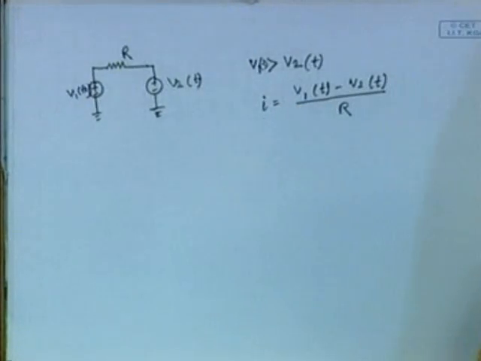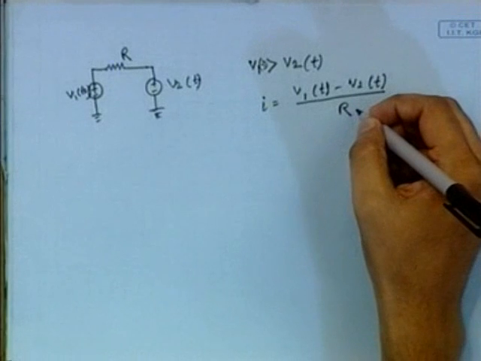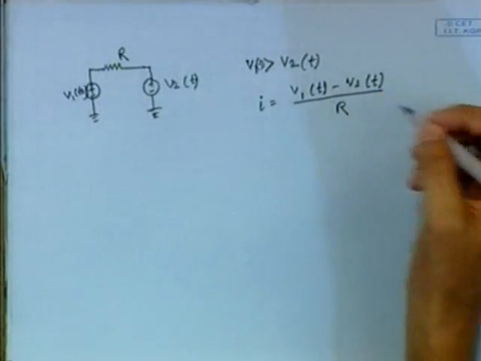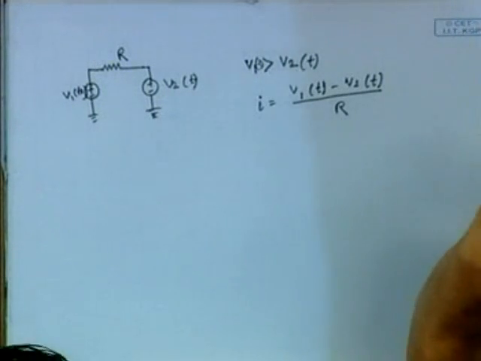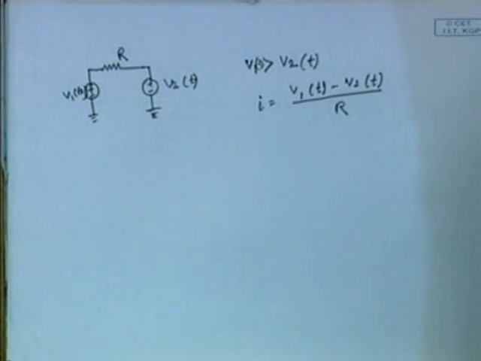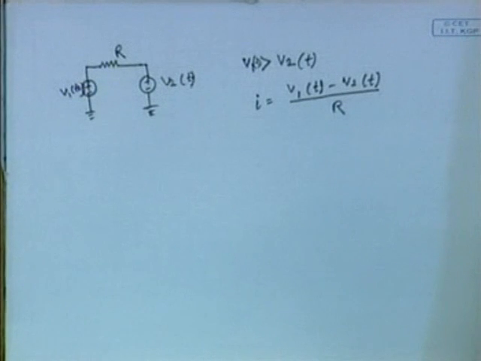Now when we design circuits in VLSI, we have some problem implementing resistance in the chip, because when we need a higher resistance, we need a very large area.